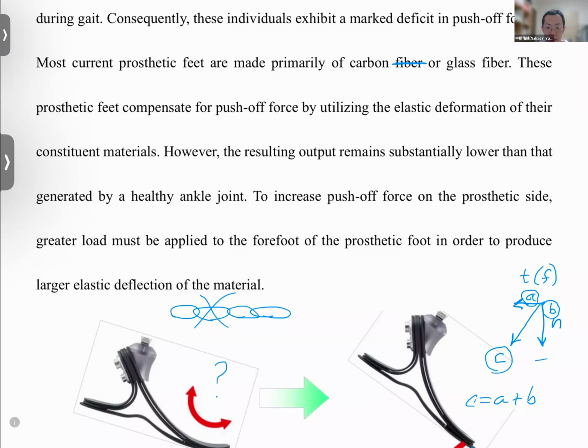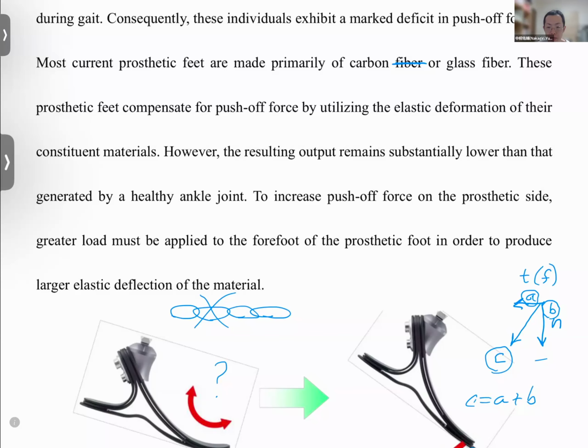However, the resulting output remains substantially lower than that generated by a healthy ankle joint.